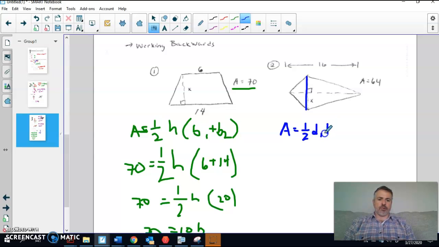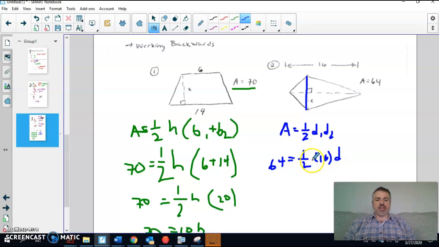So write the formula first, and then write in what you know. I know the area is 64. I know what one of the diagonals is. Doesn't matter which one's d1. I'll just use 16. And then I'm searching for that missing diagonal.